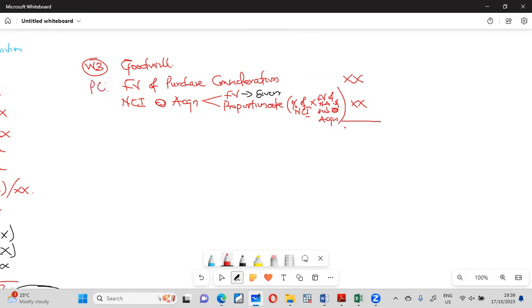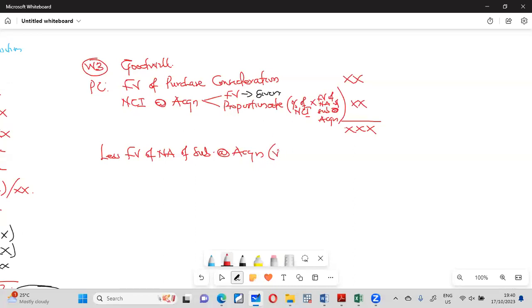All right. So you add them together. Then you will less the fair value of net assets of the subsidiary at acquisition date. So that figure that you proportionated is the same figure that here you don't proportionate.